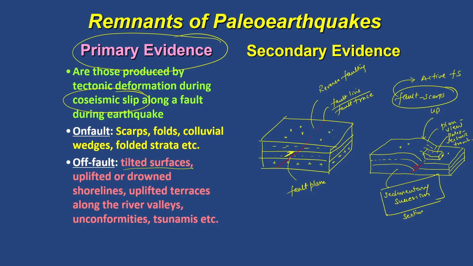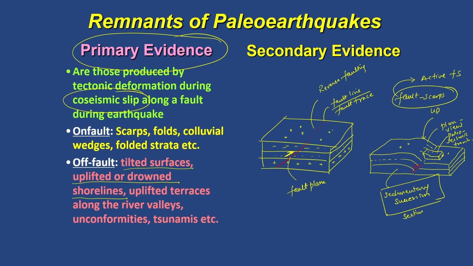We will have a separate lecture on the landforms also, but just keep in mind that we are talking about the land surface. So, they will be tilted, uplifted, or there may be uplifted shorelines in the coastal areas. Even uplifted terraces can be seen when you are close to coastal regions, where you have megathrust earthquakes.